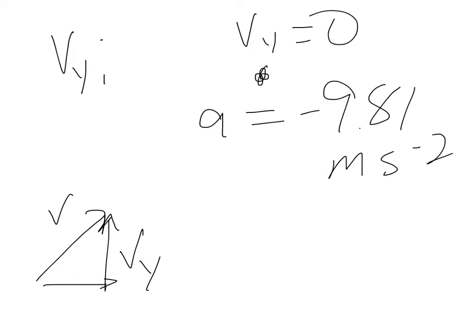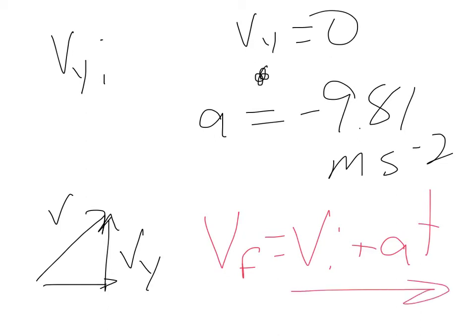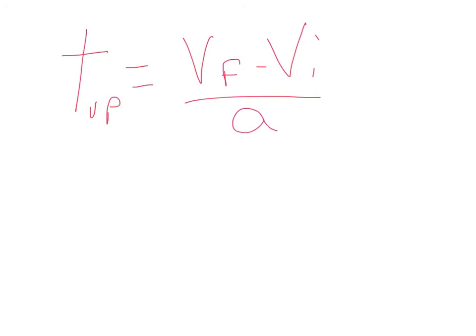And so with these three things, we can calculate that time, because we know our equation for accelerated motion, Vf equals Vi plus At. With a little rearrangement, this ends up as time, and remember this is just time up, is equal to Vf minus Vi over A.